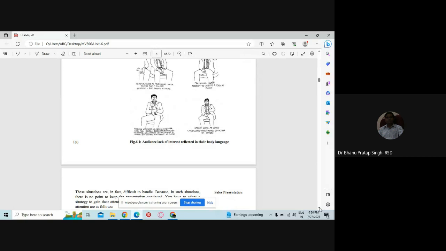So when a presentation is going on, there may be many body languages or poses of the audience. The presenter should take care of that and should modify or create interest as per the need of the listener or audience.